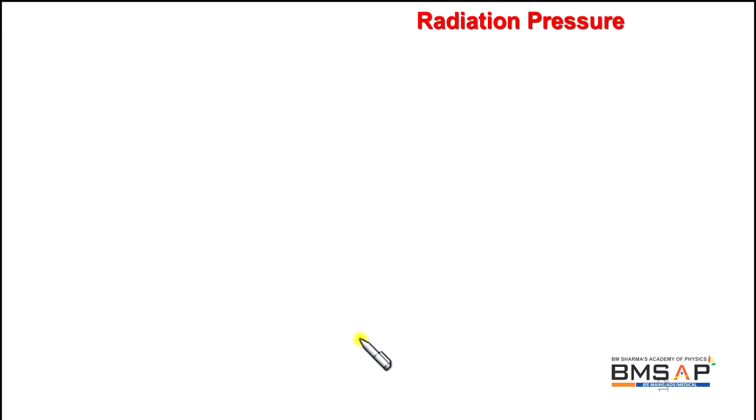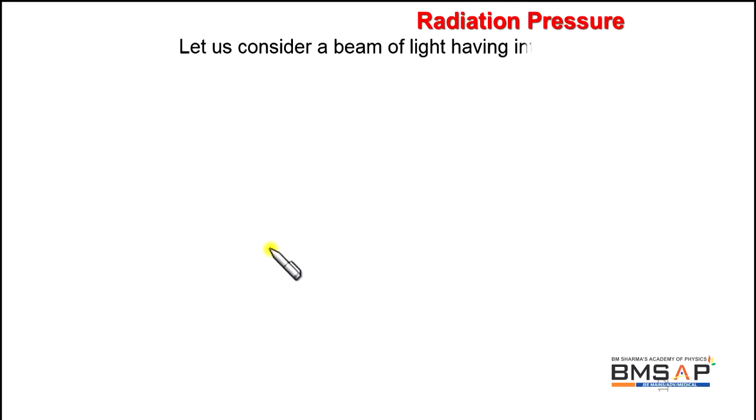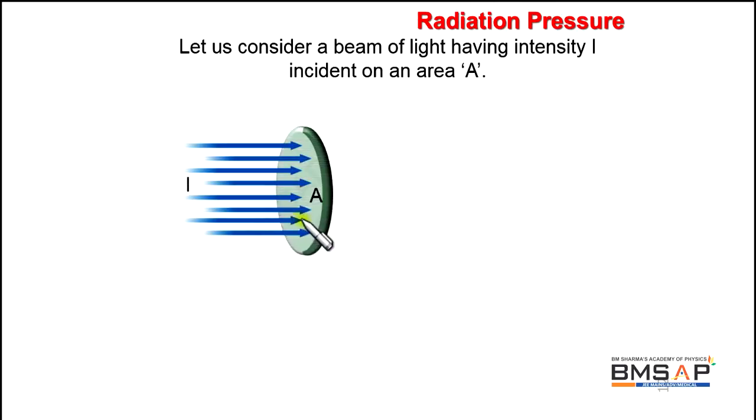Let us consider a beam of light having intensity capital I incident on a surface having area capital A, right. So let us take an area capital A on which radiation of intensity I is incident. You can observe here the area vector of this surface. The direction of the area vector is toward the position of the observer. Suppose the position of the observer is at the position of my pen.